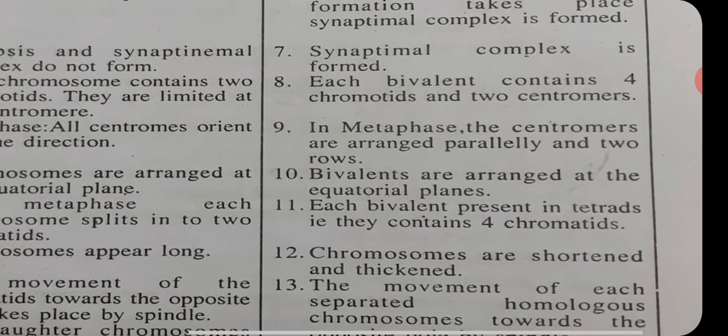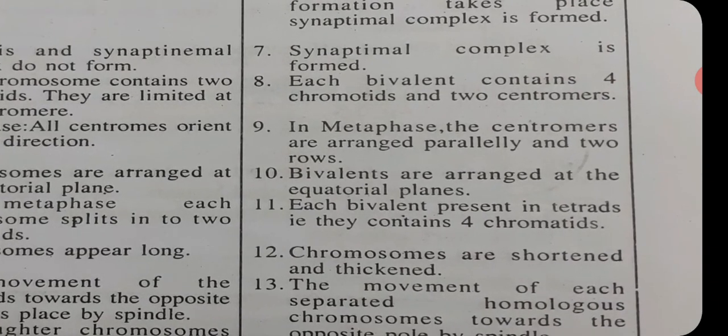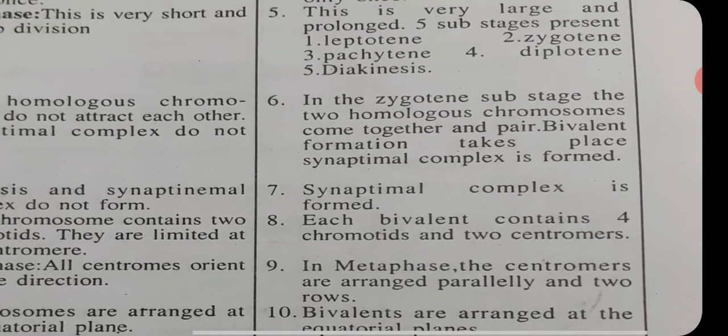But in metaphase 1, the centromeres are arranged parallel to each other in two rows. That means the homologous chromosomes are arranged on the equatorial plate, but in mitosis only one chromosome.